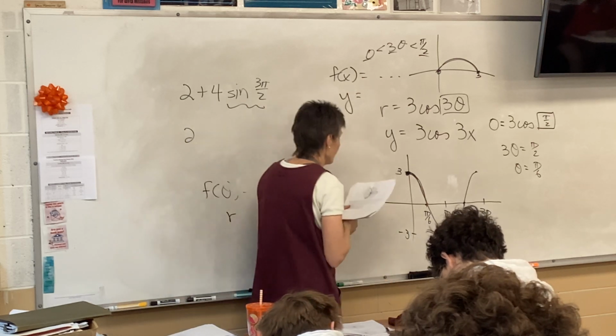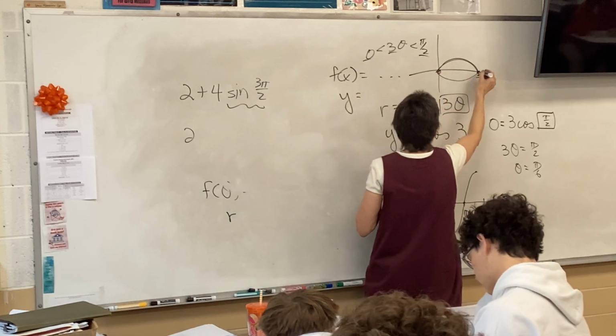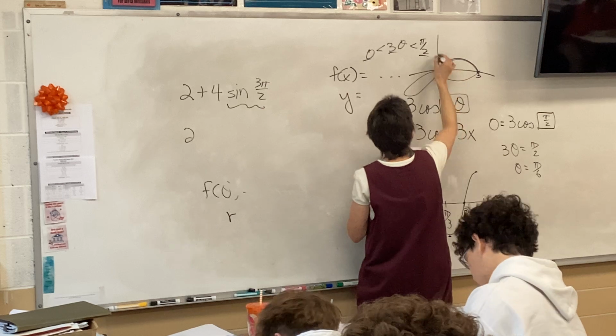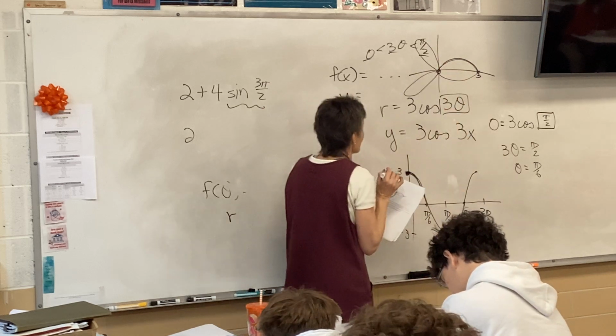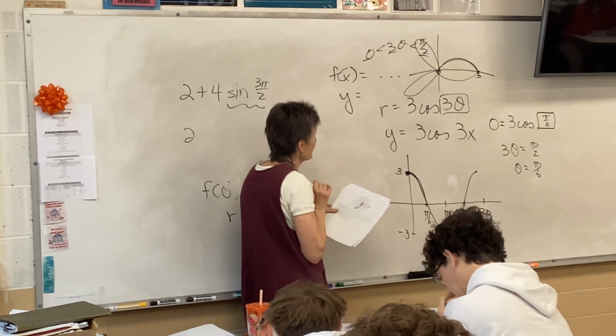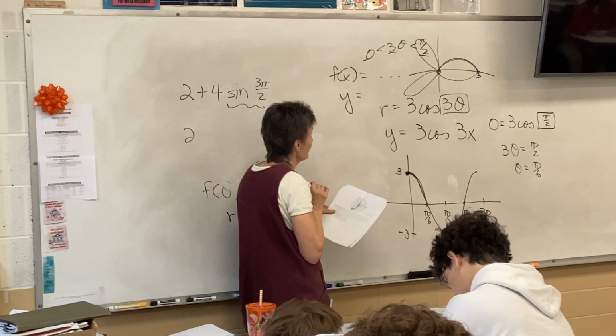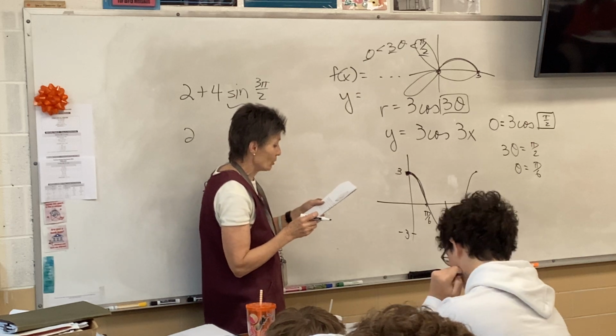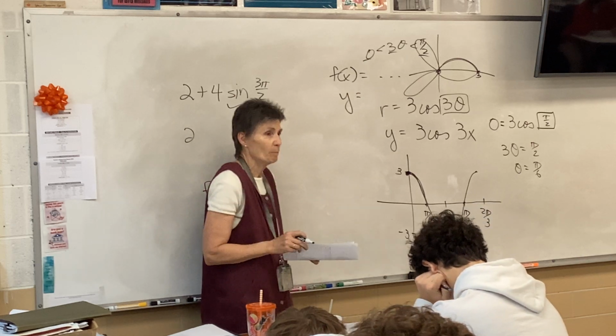So we've got the whole thing graphed. It's the same equation. We've got to figure out what the part that goes from pi over 3 to 2 pi over 3 looks like.